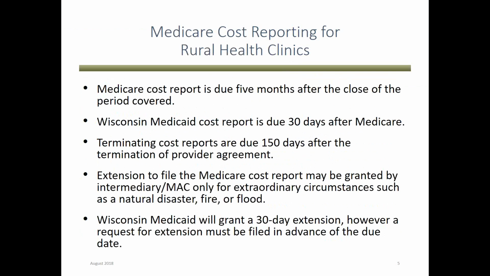So in the same example, the Wisconsin Medicaid cost report is due to be filed by the end of June. For rural health clinics that terminate their participation in the program, a cost report is due 150 days after the termination date of the provider agreement.